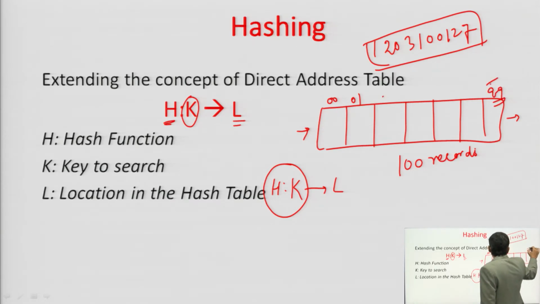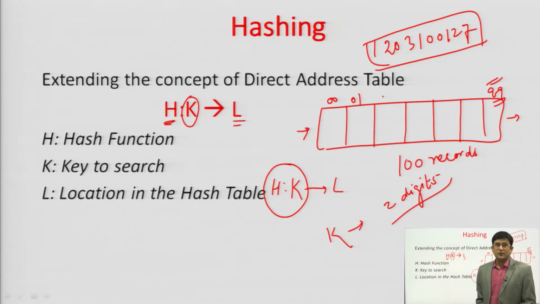So the indexes are of 2 digits only. I will reduce the roll number from 13 or 10 digits to 2 digits by some function. Those functions are known as hash functions. Once we get that location, we will store our key there.